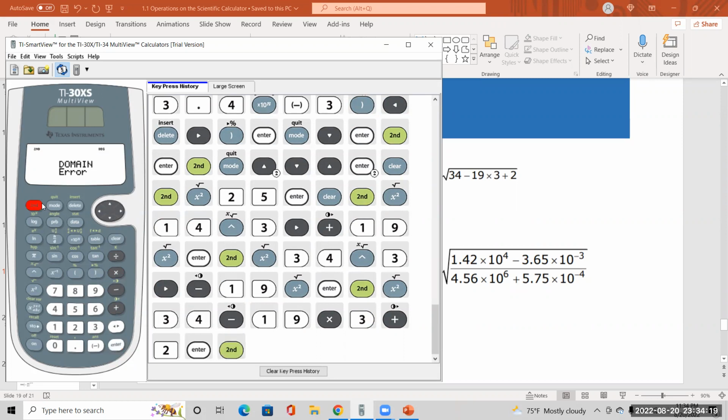So we say, okay, fine. Second quit, or you can just press enter. Press clear. This is an error because if we actually do this under here, we get 34 minus that 19 times 3 is first, and this is going to give us a negative number. So we end up with a square root of a negative number, and we cannot take a square root of a negative number because remember that a negative times a negative is always a positive. So we won't get a negative, at least in the real number system.